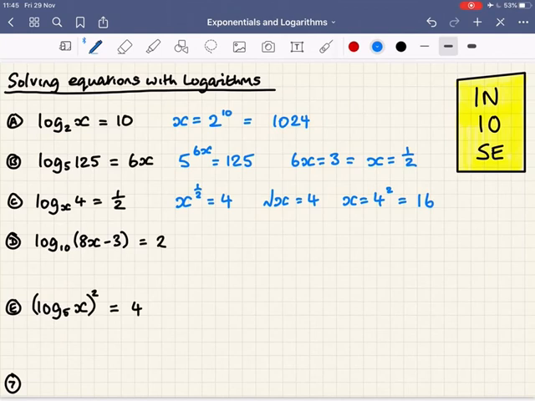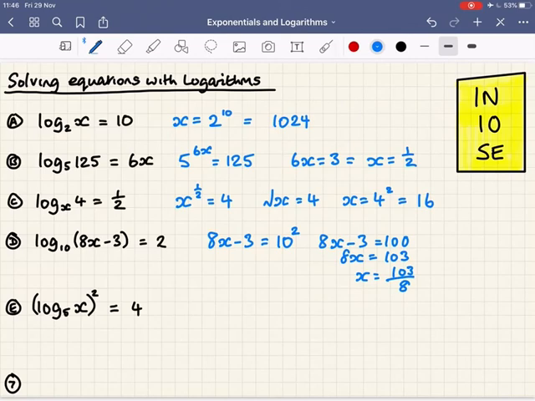Here we know that 8x minus 3 must equal 10 to the power of 2, because I'm asking log to base 10. So 10 squared equals 8x minus 3. 8x minus 3 equals 100, that means 8x equals 103, so x is 103 over 8. I don't think we can simplify that fraction, so we'll leave it like that.